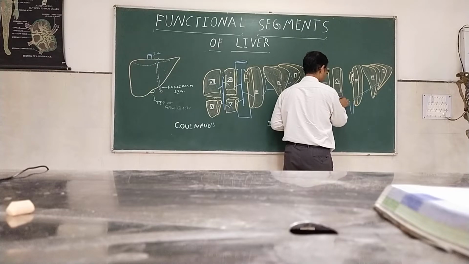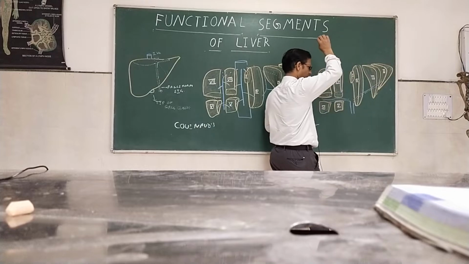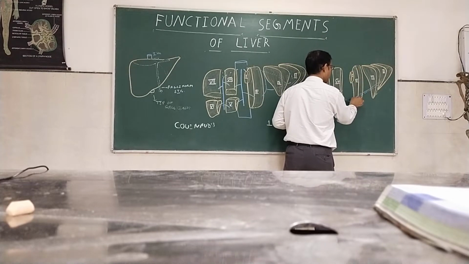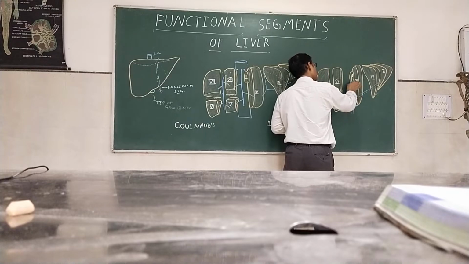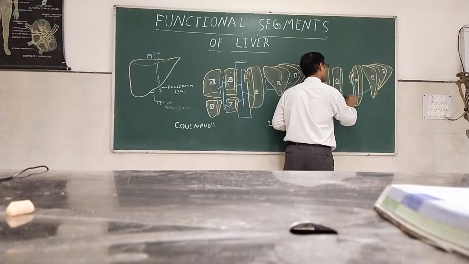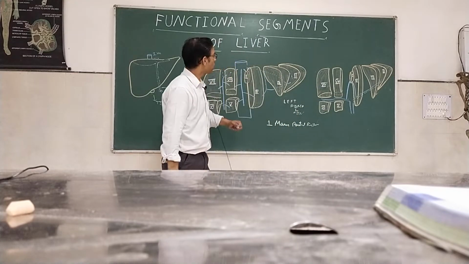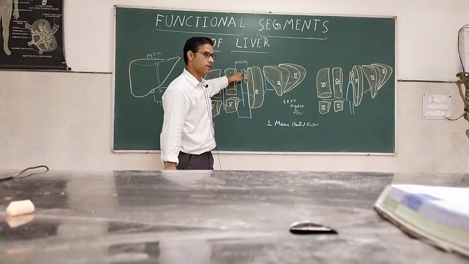Both the portal veins give their supply to the caudate lobe. The caudate lobe, segment number 1, is drained by the individual hepatic vein.